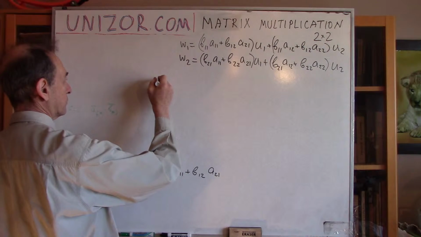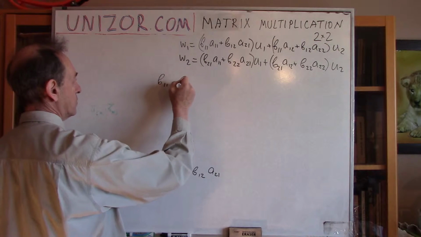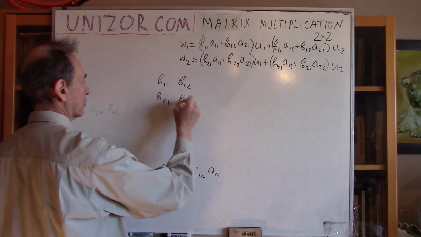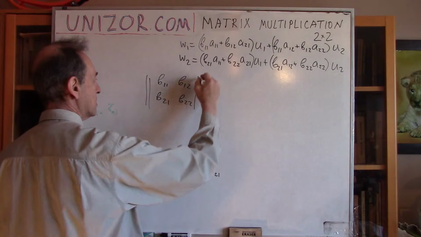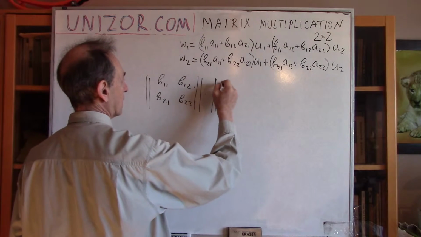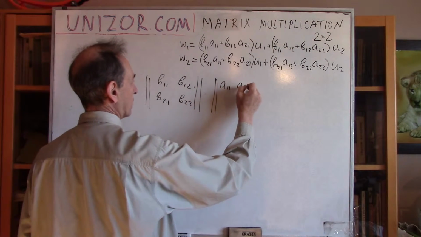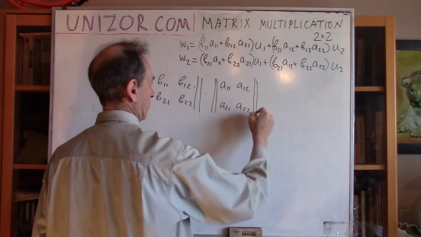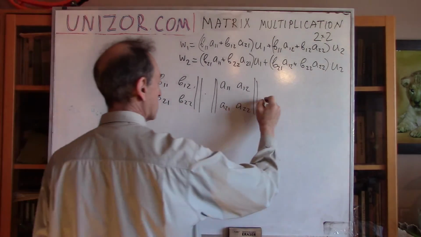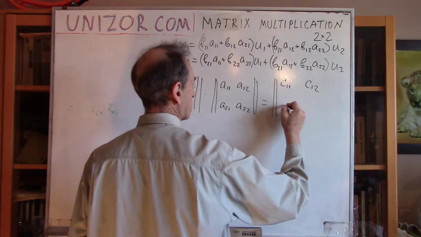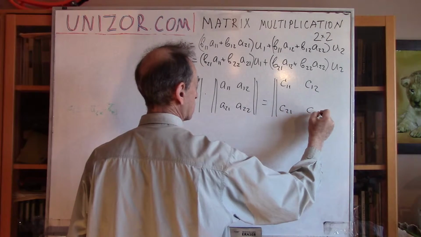Let me write it down. B11, B12, B21, B22. This is my matrix B, and I'm multiplying it by matrix A. And I'm getting C11, C12, C21, C22.